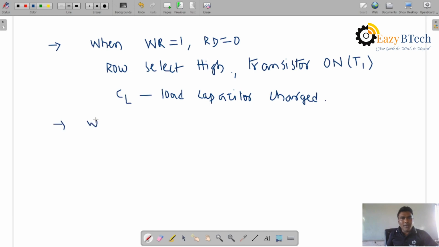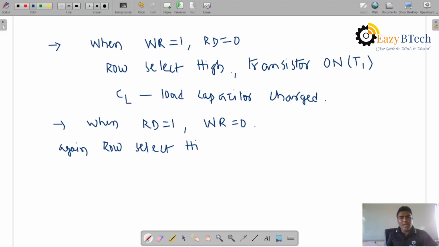Now when the read operation is equal to 1, WR is equal to 0. So through the same line, again row select is high, and the transistor is on.